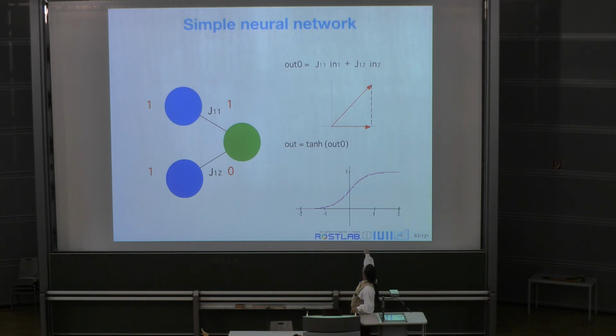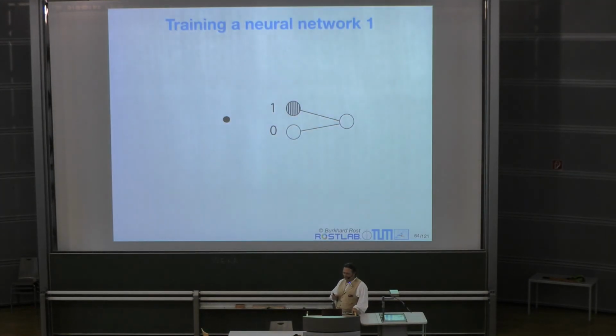What the trigger function does, such as the sigmoid here, or the hyperbolic tangent shown here, but it's the same, just any sigmoid function, is it answers: is that longer or shorter than something? Okay, so it has a switch. For very high positive, it goes to 1. For very high negative, it goes to 0, and something in between. Okay? And that makes the neural network become a non-linear device.